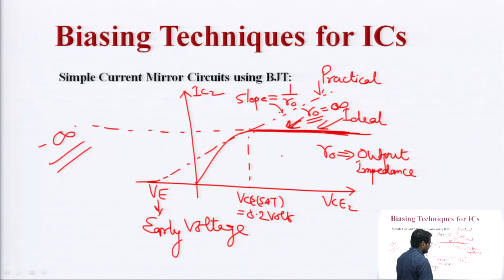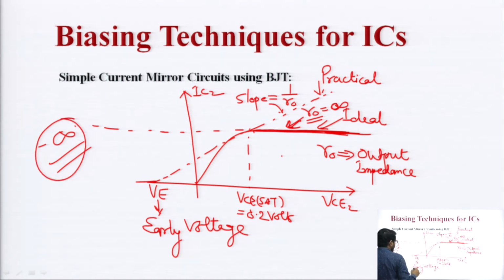Okay. So, transistor Q2 will be designed such that the output impedance of the transistor is high, and the early voltage must be infinite, a very high value. Then for the ideal case it cuts at the point of infinity.